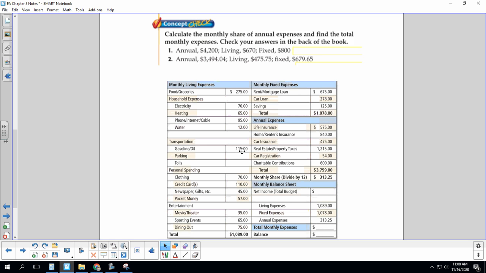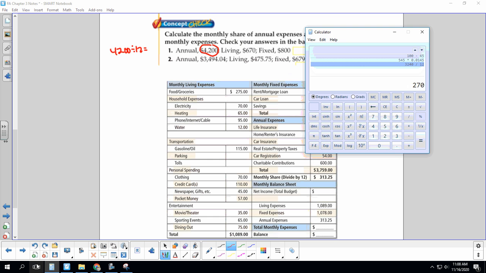Okay, so we're going to calculate the monthly share of annual expenses and find the total monthly expenses. So we're going to take our annual, we're going to divide it by 12. Go ahead and pull up Mr. Calculator to do that. So that for us is $350.